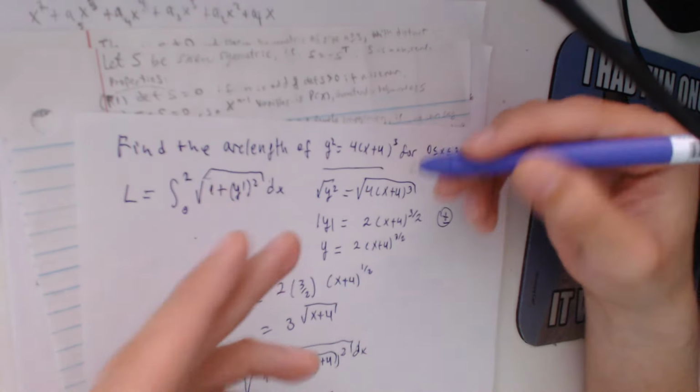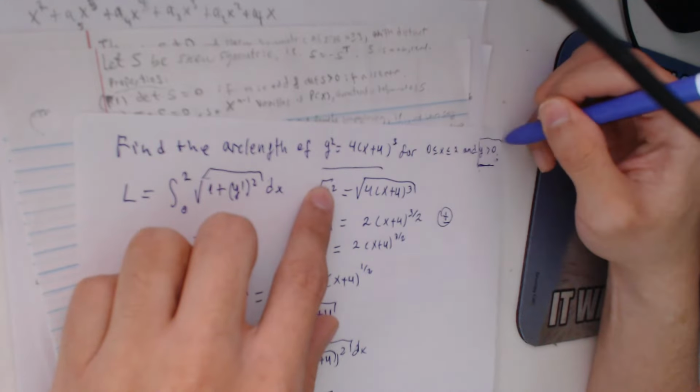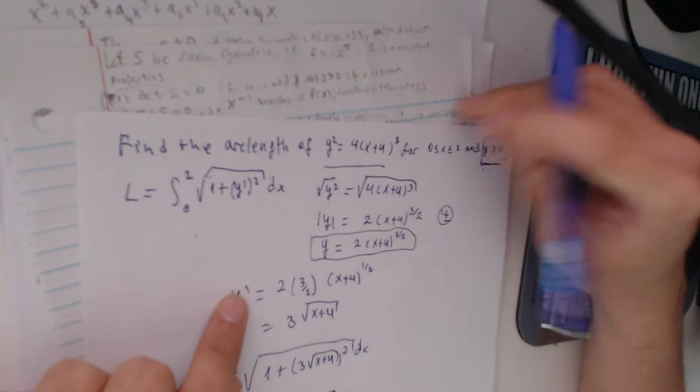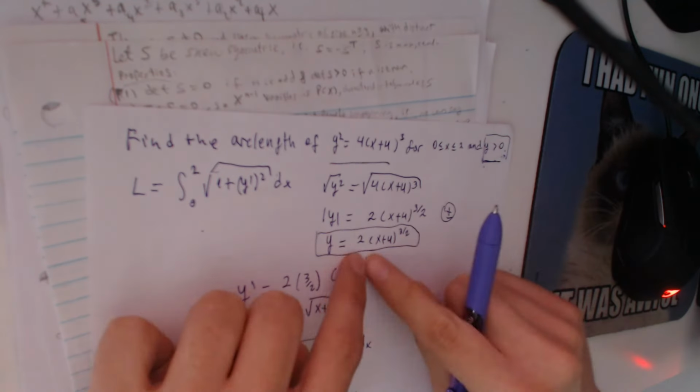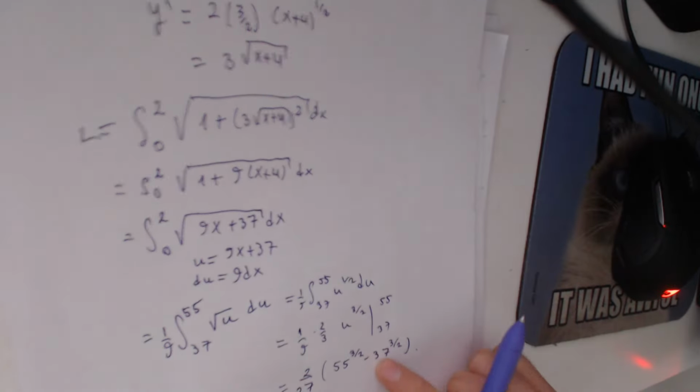Well, okay, again, this is not a function, but just the part where y is greater than 0. So it's actually this one over here. Yes, we just calculated the arc length of this function from 0 to 2, and we got this answer over here.